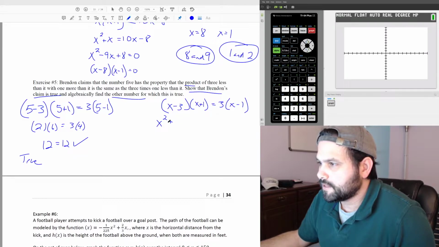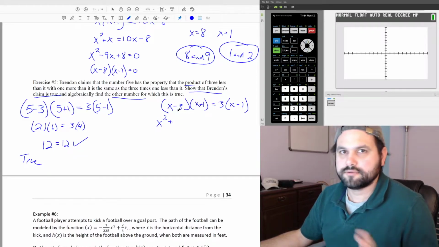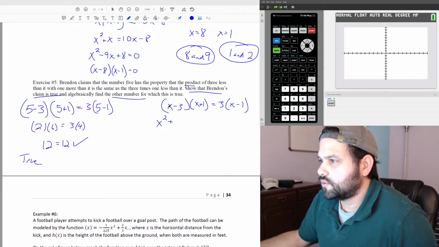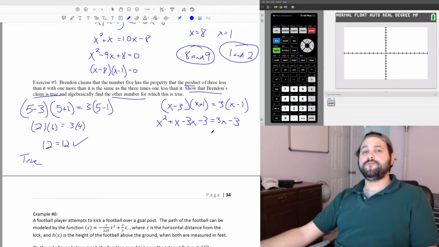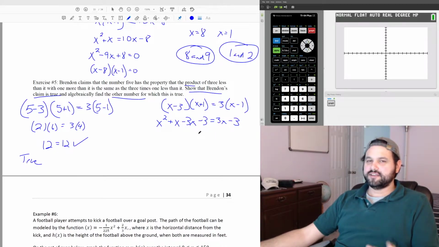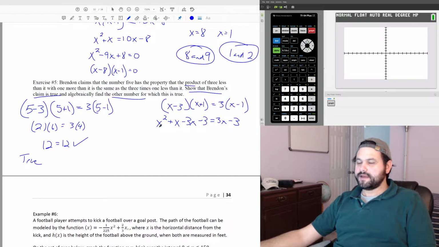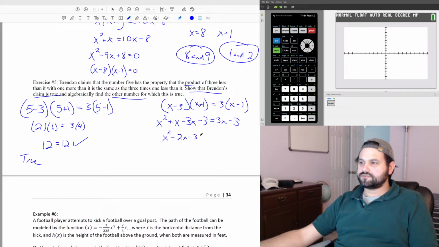So double distribute. Again, take 2. x squared plus x minus 3x minus 3 equals 3x minus 3. Much better. Hopefully we'll get x equals 5 as one of my answers this time. So now combining like terms, x squared minus 2x minus 3 equals 3x minus 3.